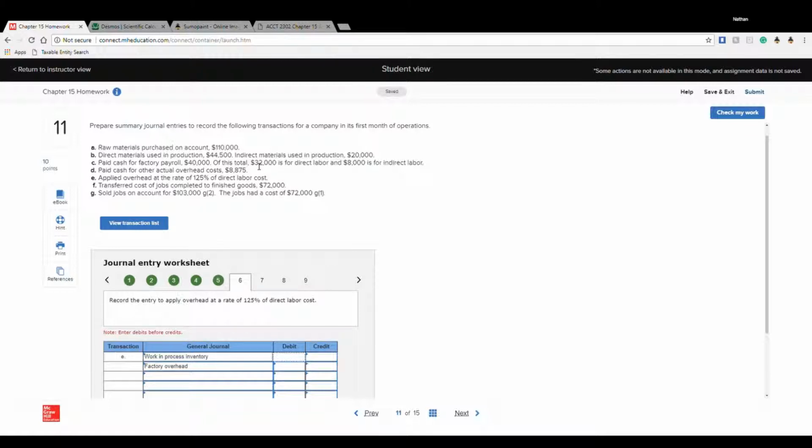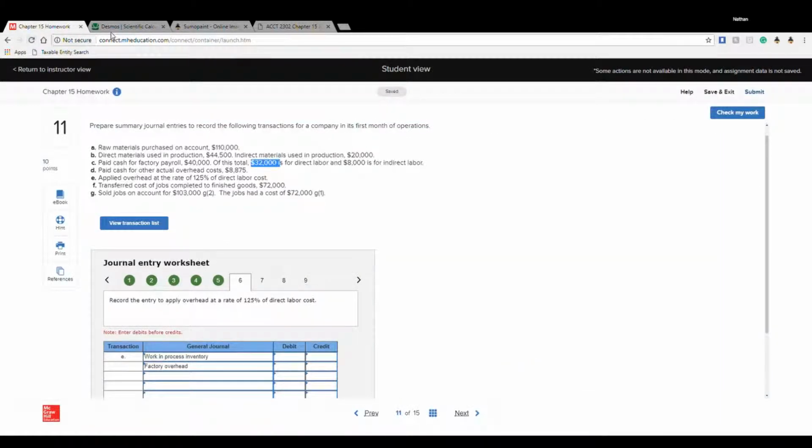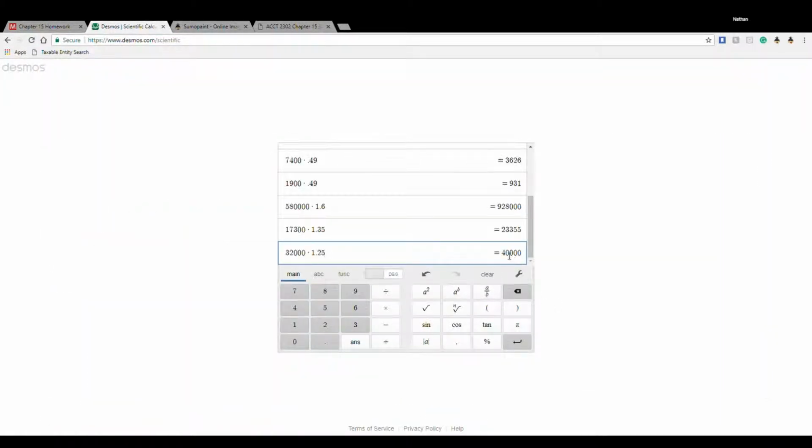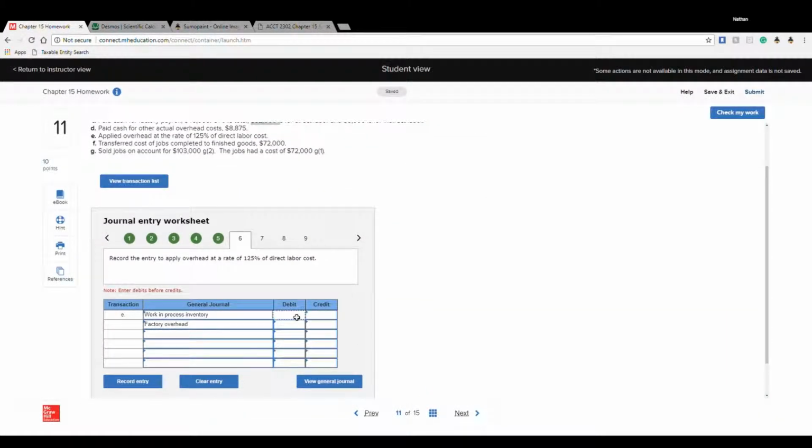So we're going to find our direct labor, and it was 32,000. Again, multiply it by our rate. This was 125%, or known as 1.25. And so we actually have 40,000. Cool. I like even numbers. It makes it easy. So 40,000. Okay.